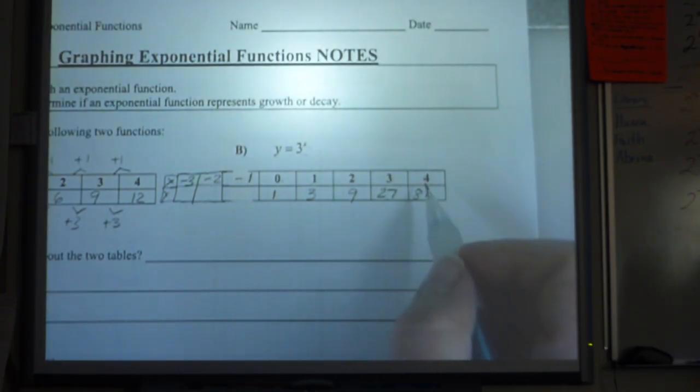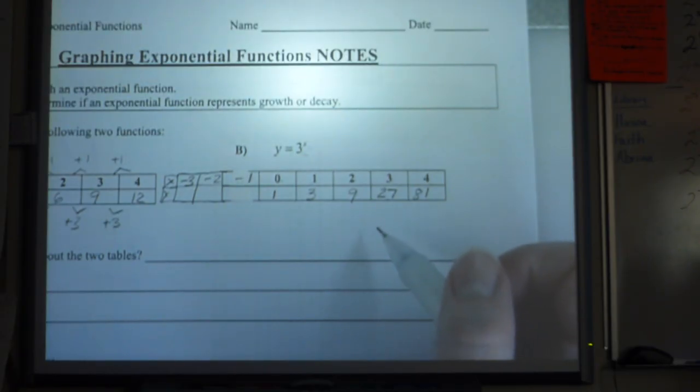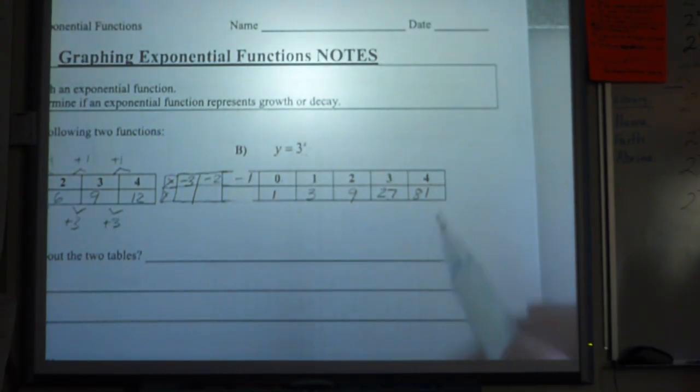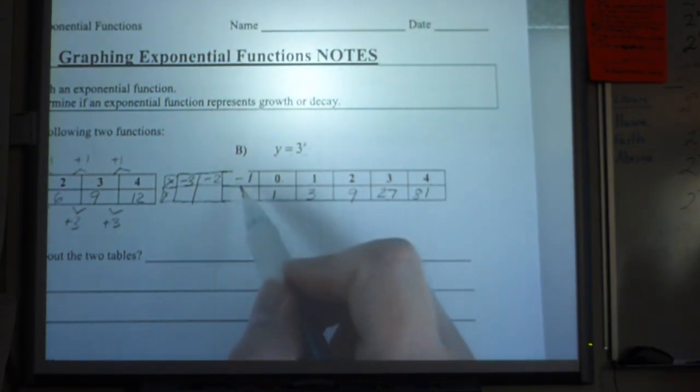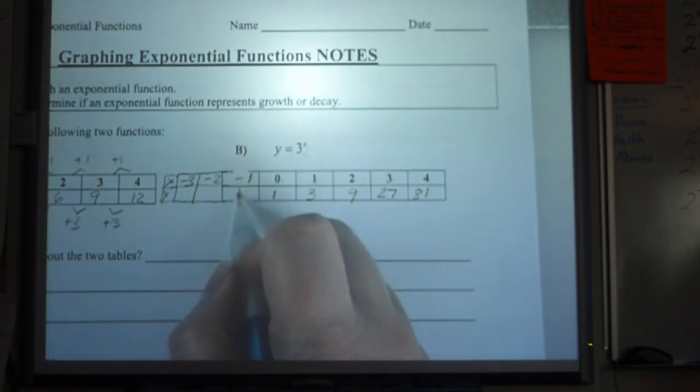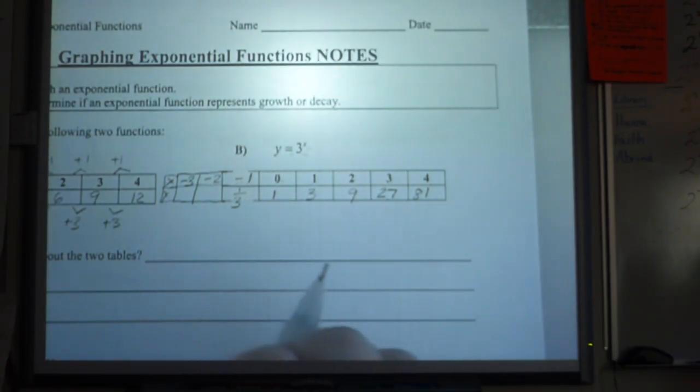Okay, nice job. And then remember what we talked about with the reciprocal relationship when we're dealing with just a base to a power. Okay, we know that if we have x equals -1, we will have y equals 3 to the -1 power. Well, 3 to the -1 power is the same as 1 over 3 to the 1st power, or 1/3.